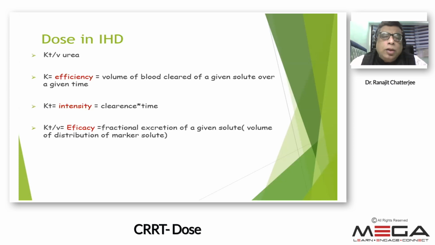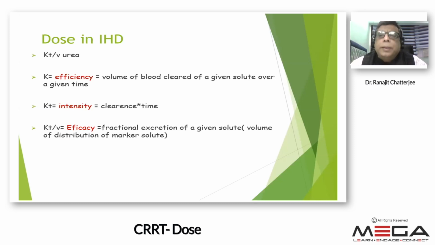K times t is the intensity, and Kt divided by V, where V is the volume of distribution of that solute, as urea is equally distributed all over the body water. So urea is considered the surrogate molecule to show the effective clearance by dialysis, and we take the fractional excretion of the given solute, that is Kt/V.